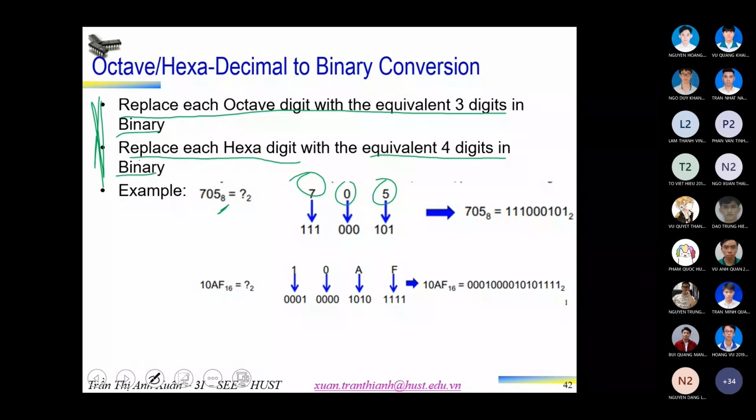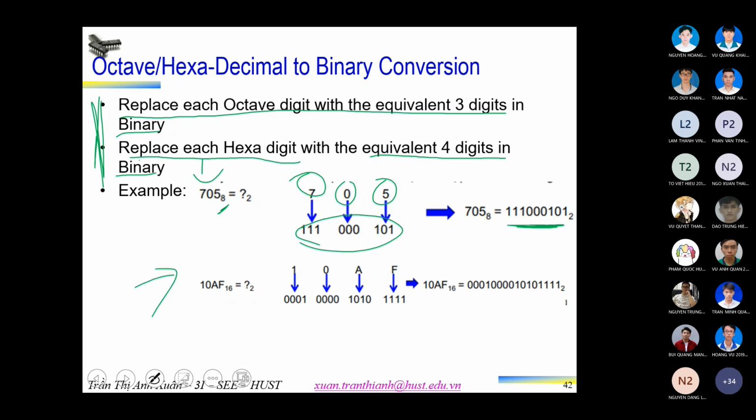So we combine the three groups, and we have the binary conversion of this number.